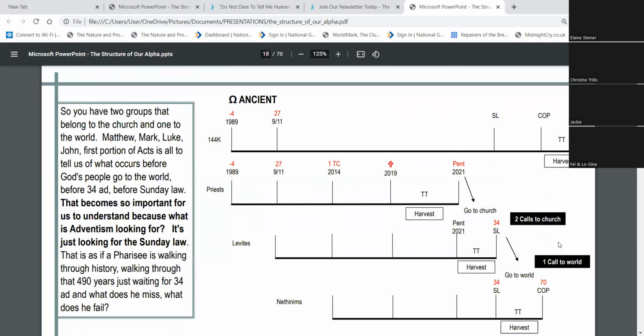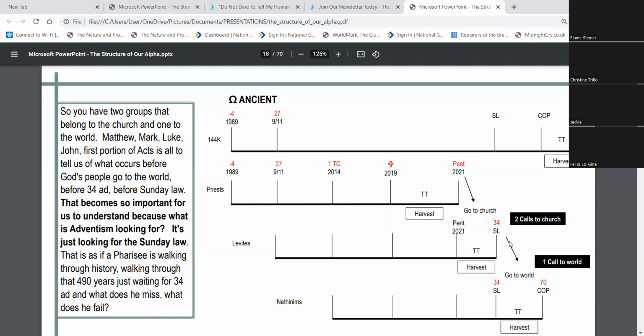So you have two groups that belong to the church and then one to the world. Matthew, Mark, Luke, and John in the first portion of Acts is all to tell us of what occurs before God's people go to the world, before 34 AD, before Sunday law.